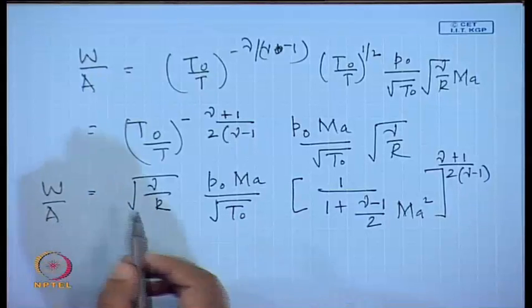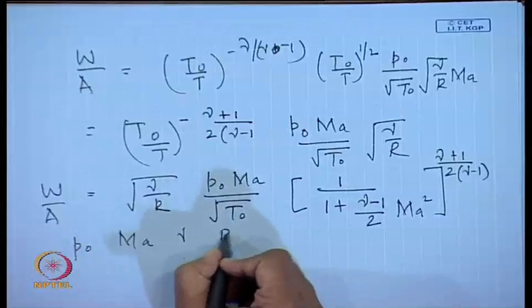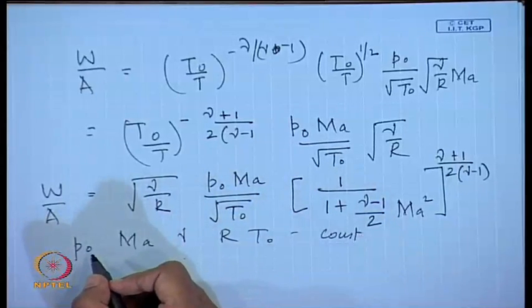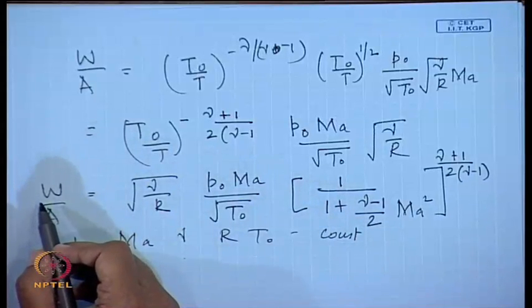The only variable is Ma; P0, gamma, R, T0 are constant. So, the only thing which influences W is Mach number. So, gradually I would like to show you the importance of Mach number and why Mach number equal to 1 is so very important. That is what I would like to show you.